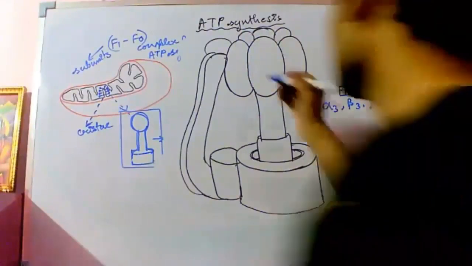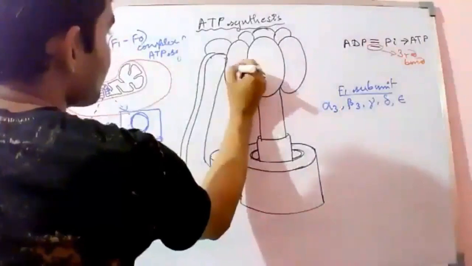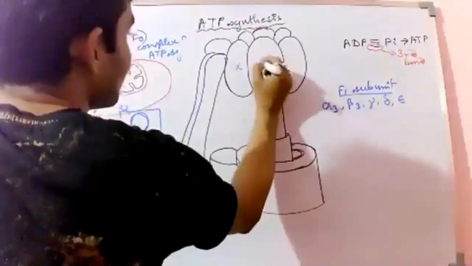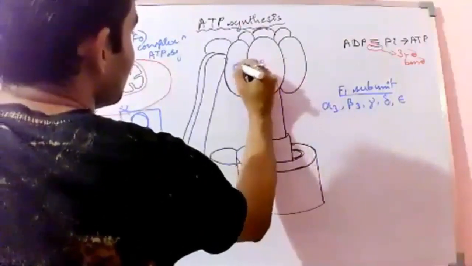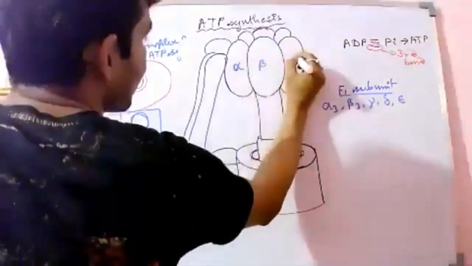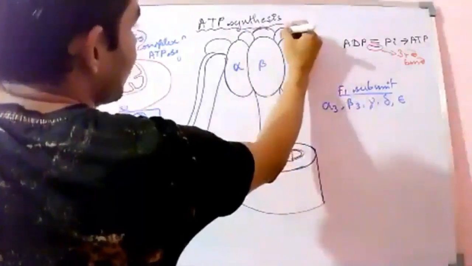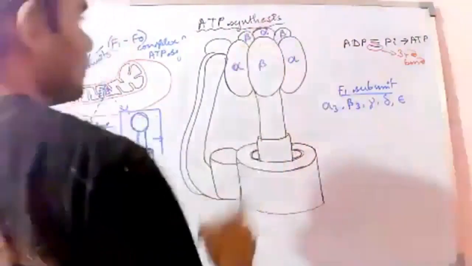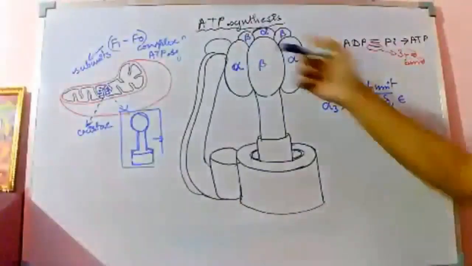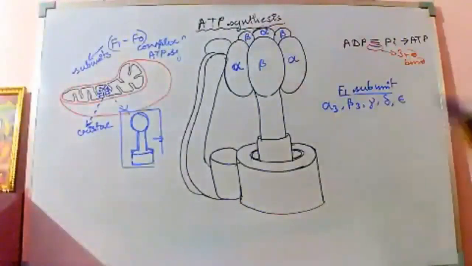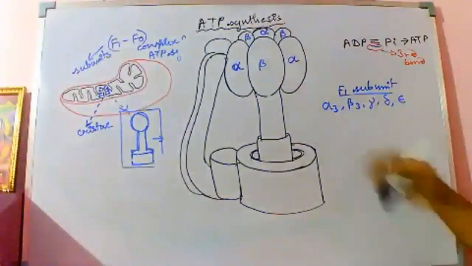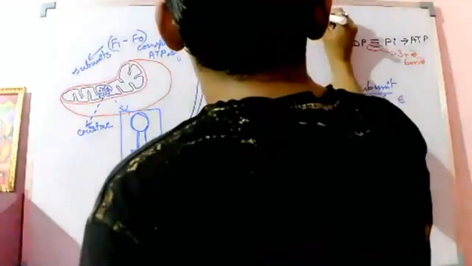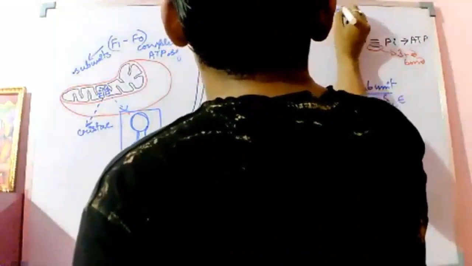Alternate form means here it would be alpha, here it's beta, here again alpha, here again beta, here alpha, here again beta. This is the alternate arrangement of the subunits, and this is called the hexameric arrangement.